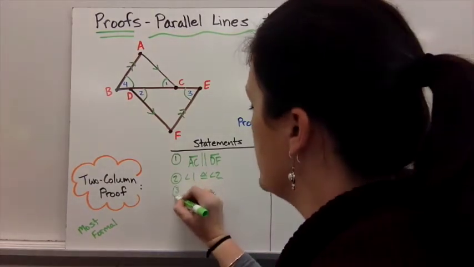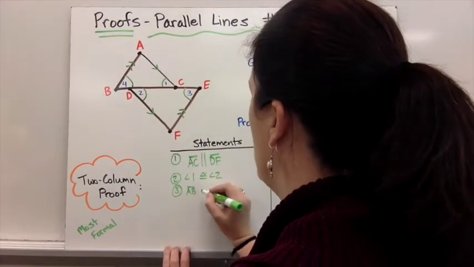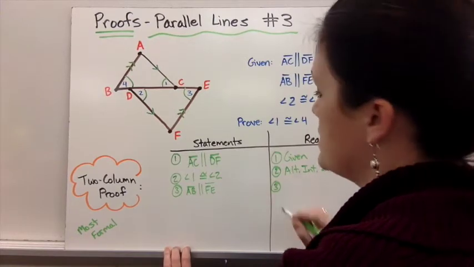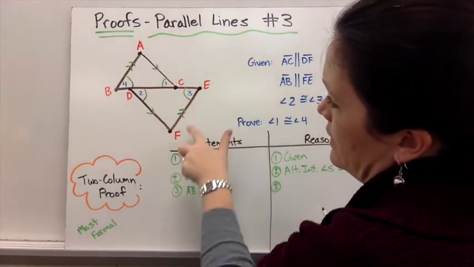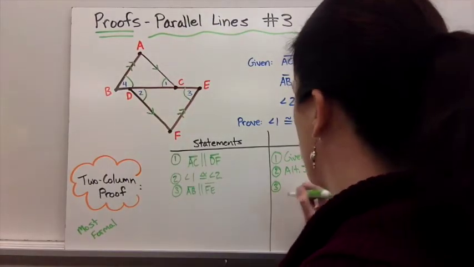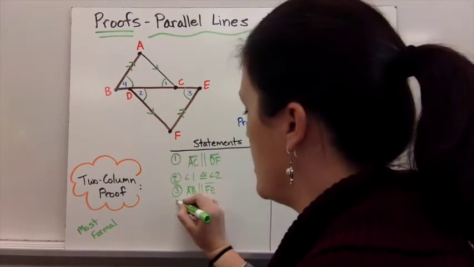Now let's put the second given statement. So let's put AB is parallel to FE, and that would be given. I'm getting ahead of myself.